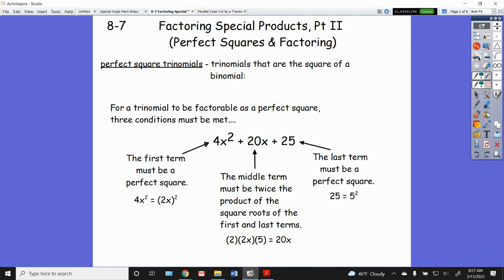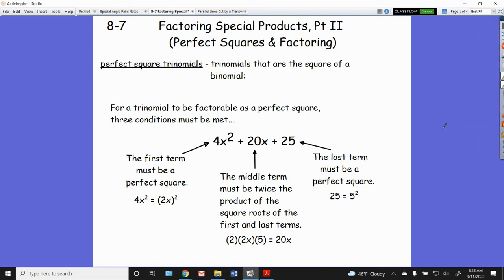If you look at a problem like this, of course always the first thing we do is ask, do any of the three have anything in common? 4x squared, 20x, 25. The 25 takes that out of contention. There's nothing I can take out. So after we've done that, if you notice, oh, 4x squared, I could take the square root of that and get 2x.